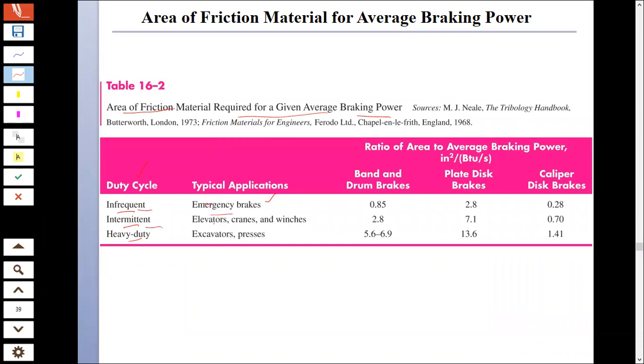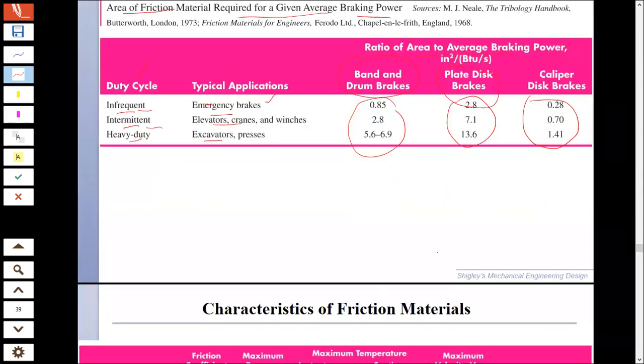For intermittent, elevators, cranes, winches, and for heavy duties, excavators, presses, and so on. So for different types of brakes, the ratio of the area to average braking power is given to you from this table. So if you have to design any of these brakes, you would consider this.